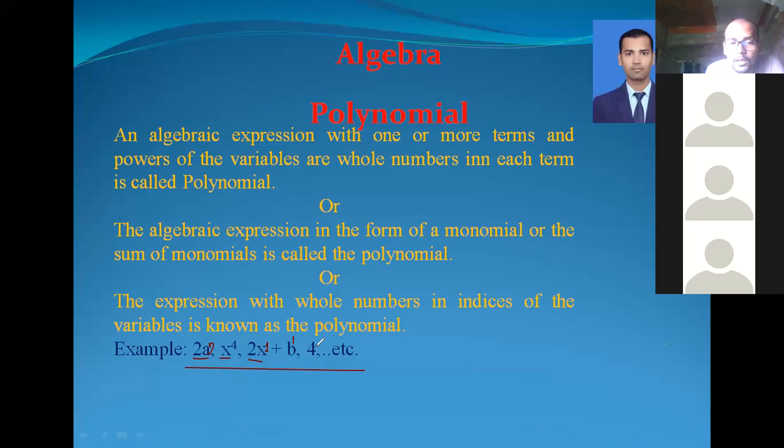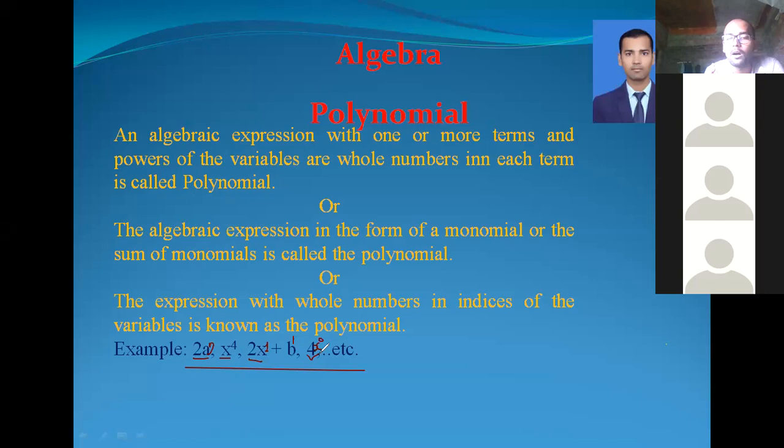That means here the variable is hidden, or we can consider that the power of the variable is 0. That's why the value is 1. So when 4 is multiplied by 1, the answer would be 4. That's why 4 is also a polynomial.